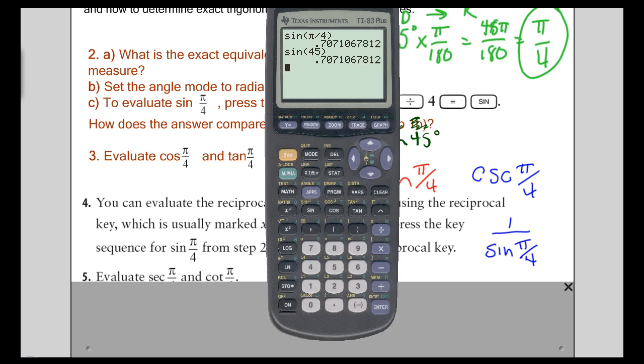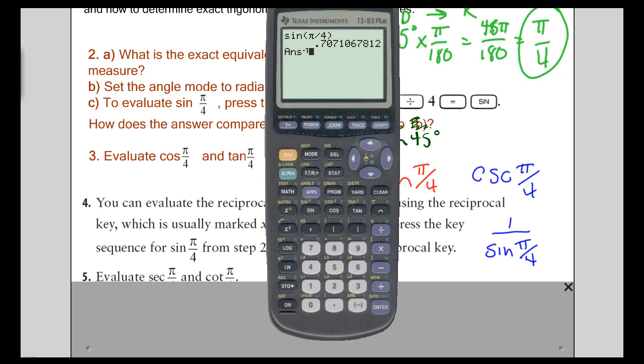On the calculator, once again, I'm going to change my mode back to radian, and I'm going to start fresh here. I'm going to calculate what the sine of pi over 4 is, and then what I want is the reciprocal of that answer. On my calculator I have this little x to the negative 1 button.